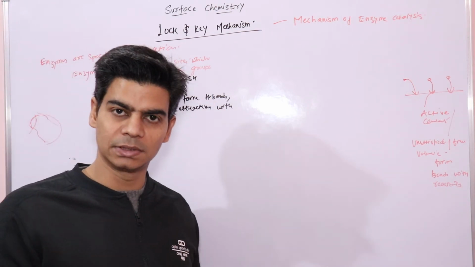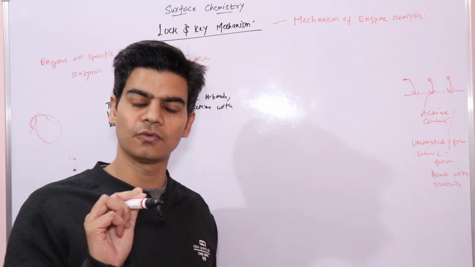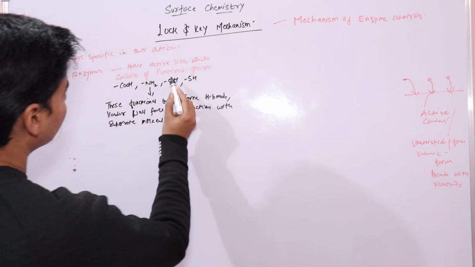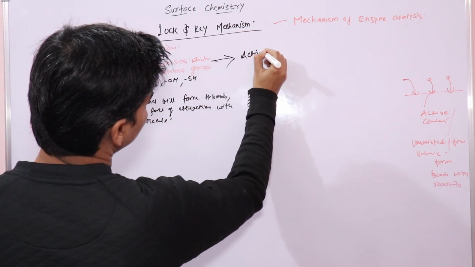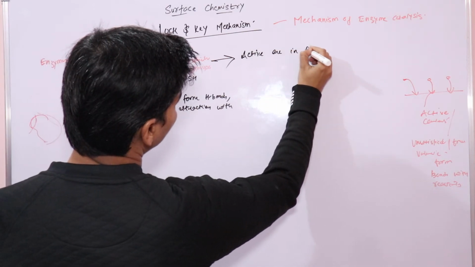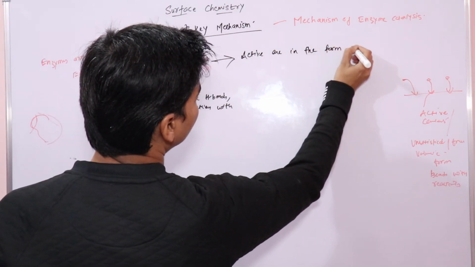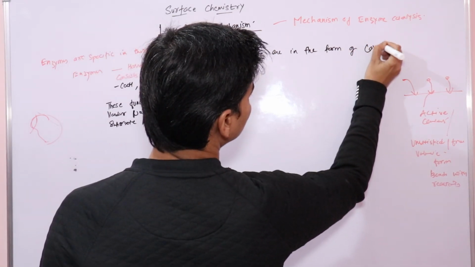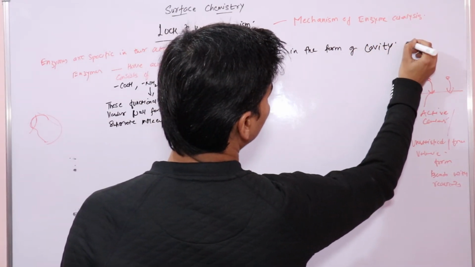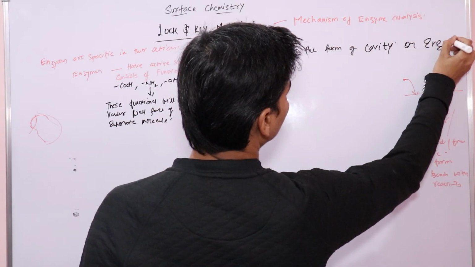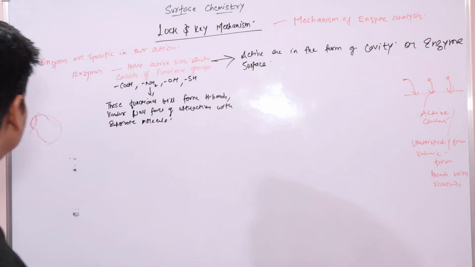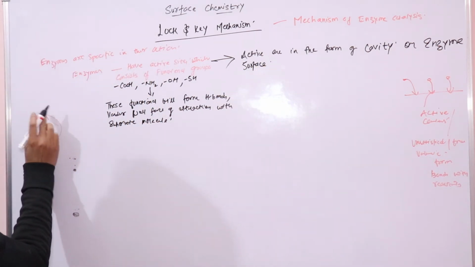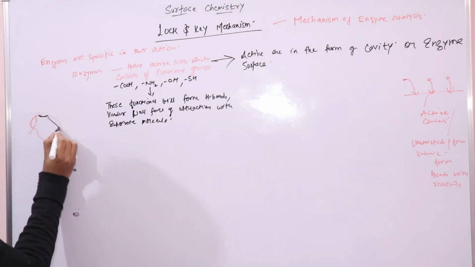And these active sites on the enzyme surface are in the form of cavities. Suppose this is the enzyme, and here is the cavity, somewhat like this.